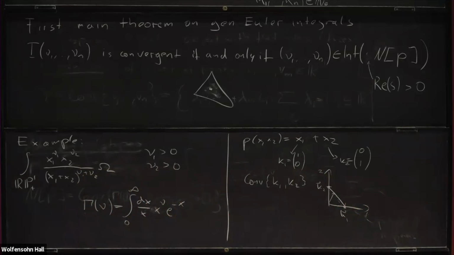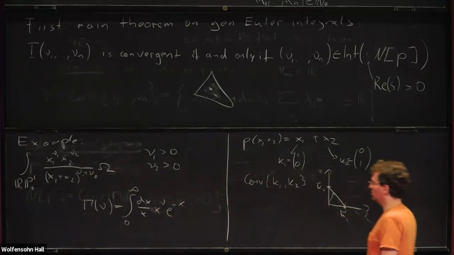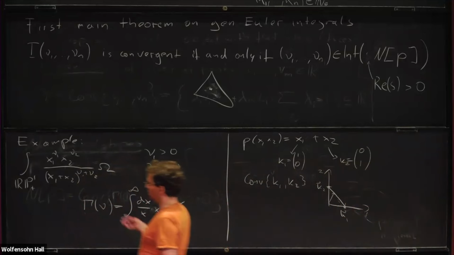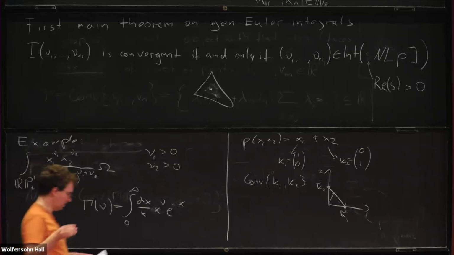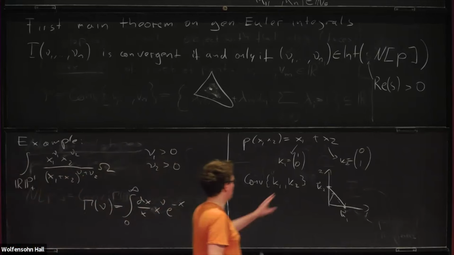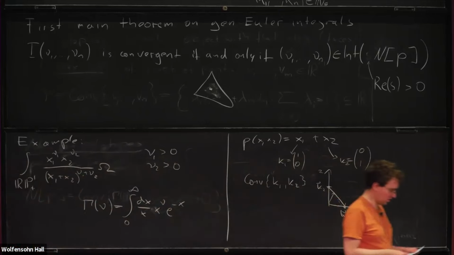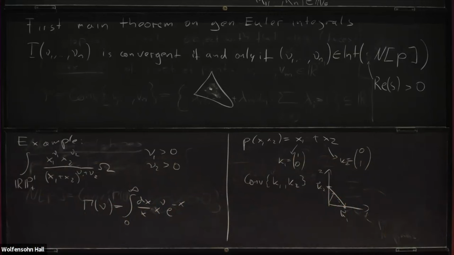So we can always choose the nus in such a way that we are lying in this Newton polytope, at least if there's not some degeneration of the Newton polytope. So if it is missing some faces, or if the Newton polytope is squished to too low a dimension, then this doesn't work. But in the generic case, we can always find a set of nus where we have convergence.